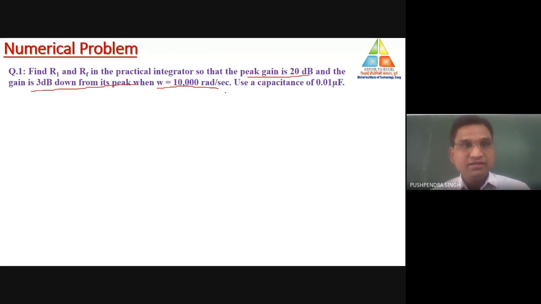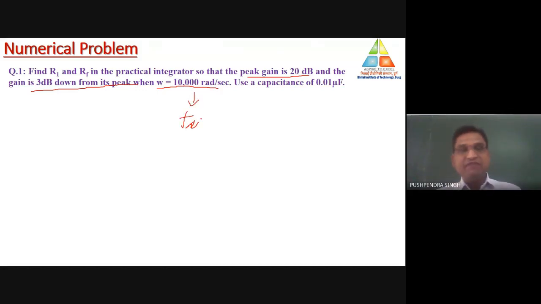For the design of the practical integrator circuit, the peak gain is 20 dB. But that gain is down by 3 dB, from 20 to 17, when the frequency is 1000 radians per second. That means this is the value of FA. Why?